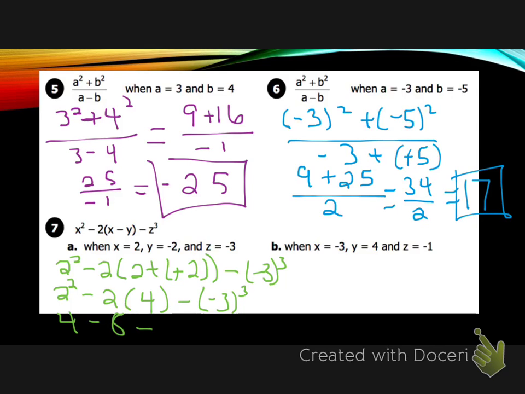And minus negative 3 cubed is going to be a negative 27. So minus a negative 27. So remember, minus a negative is really just adding. So 4 minus 8 plus 27, which is just going to be 23.